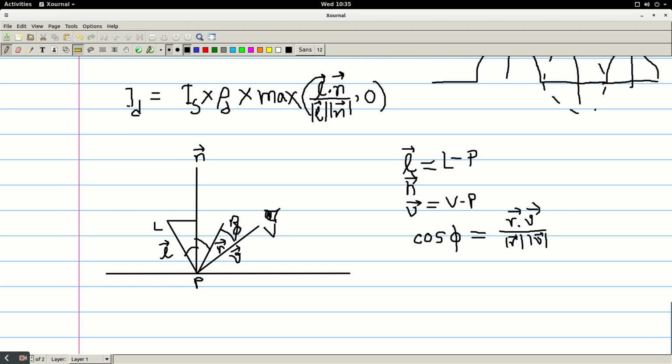Once we find out the projection over here, why am I trying to find out the projection? Because I want to construct a figure that goes like this. Once I find this projection, the length of this projection would be the same over here.